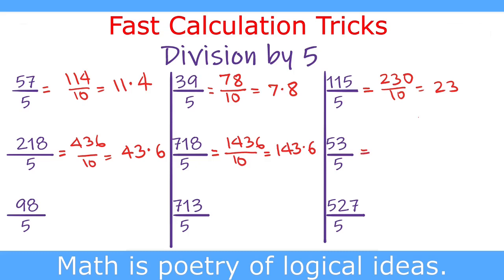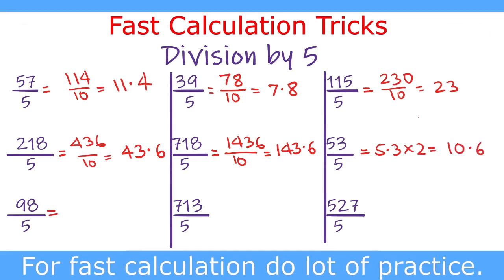We will first divide it by 10 and then we will double it. 53 divided by 5 is 5.3 multiplied by 2 equal to 10.6. 98 divided by 5 equal to 9.8 multiplied by 2. We first divide it by 10 and then we multiply it by 2, which is 19.6.